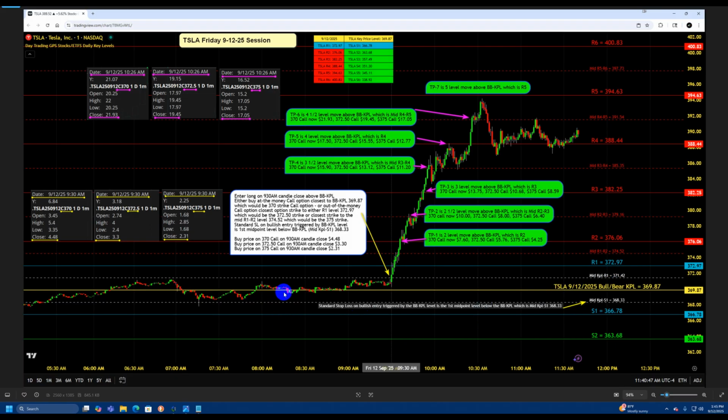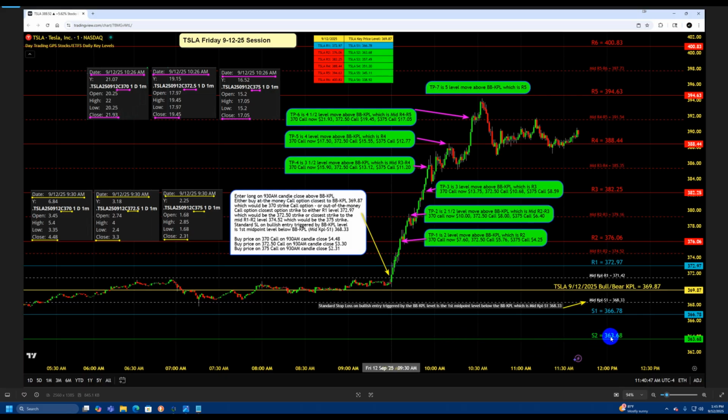But as an example, if price had gone down and we were now seeing price start to show bullish price action down here on the S2 level, and it started closing above the S2 level, and we wanted to buy a call option or take the long stock here, then it's the same process.